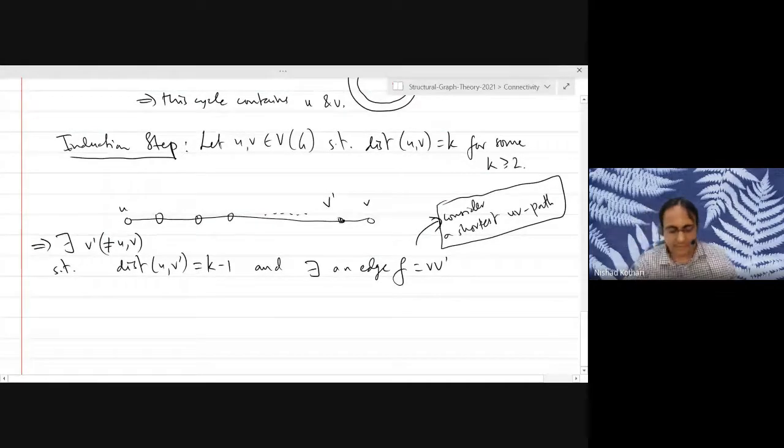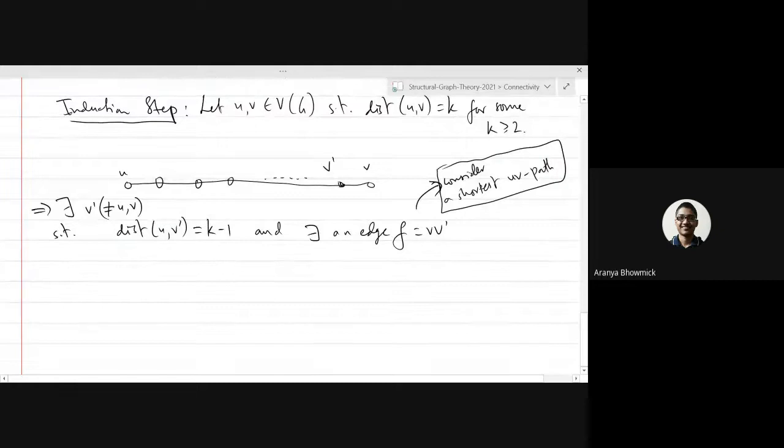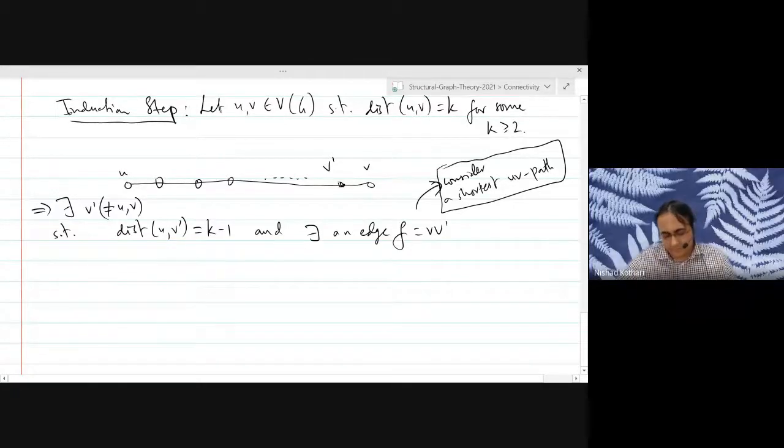Exactly. And the distance between U and V prime is K minus 1 because subpaths of shortest paths are shortest paths. If there was a shorter path between U and V prime, then you would get a shorter path between U and V by using that last edge.